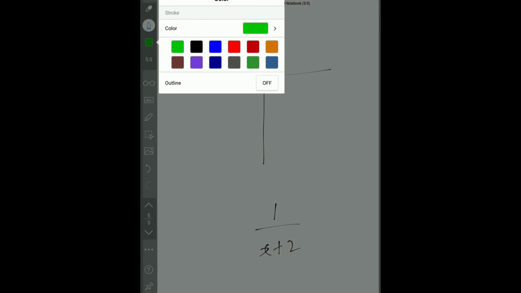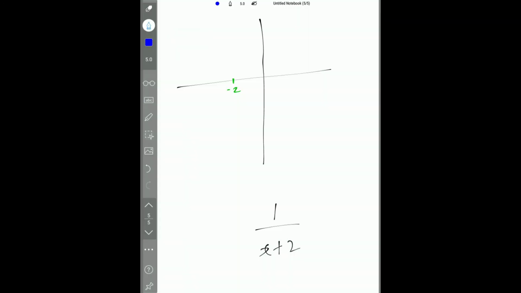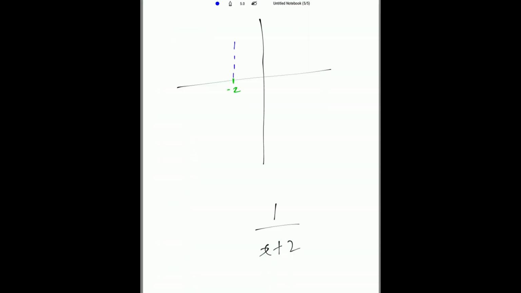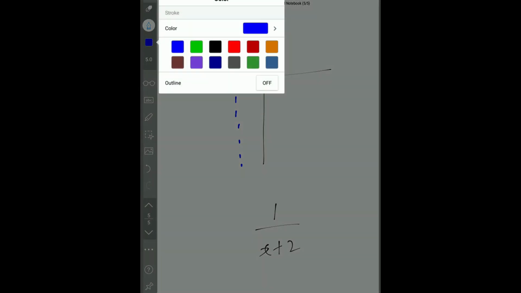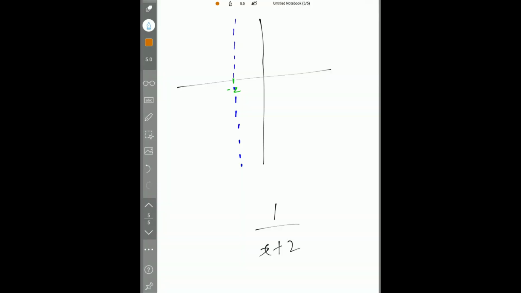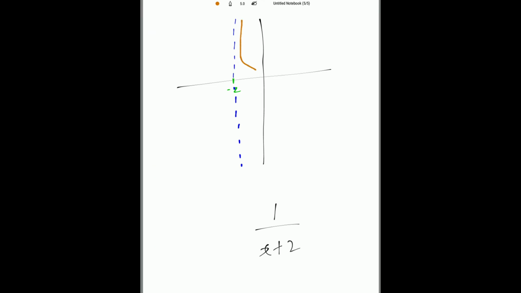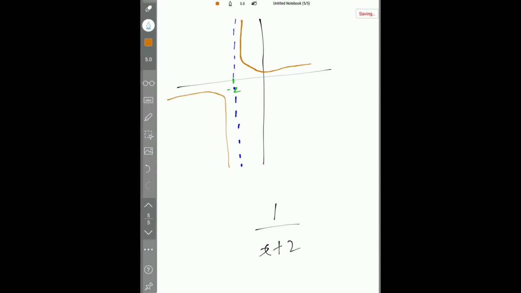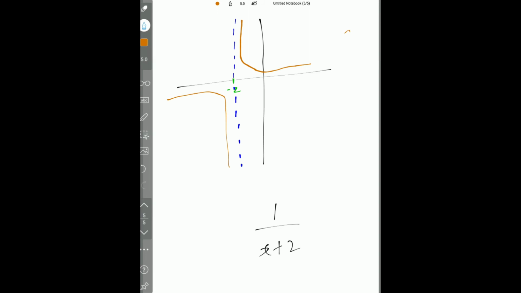And let me just indicate to myself that nothing should cross that line. And so the graph would look something like that. Now keep your eye on the graph and keep your eye on the function.